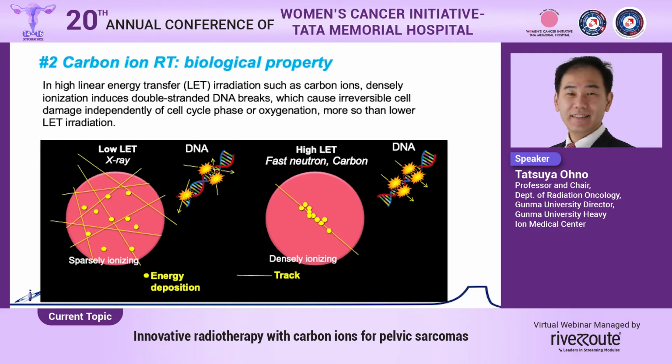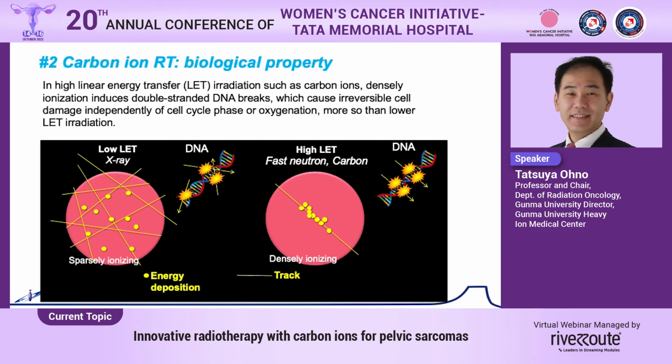Second is biological properties. This figure shows a difference of biological properties between low and high LET beams. Yellow spot is energy deposition along the beam track. In the low LET radiation, sparse ionization occurs, which results in single-strand DNA break.